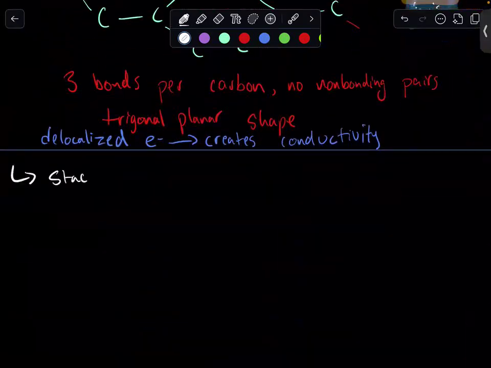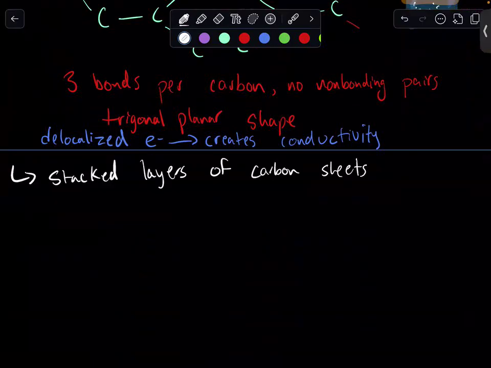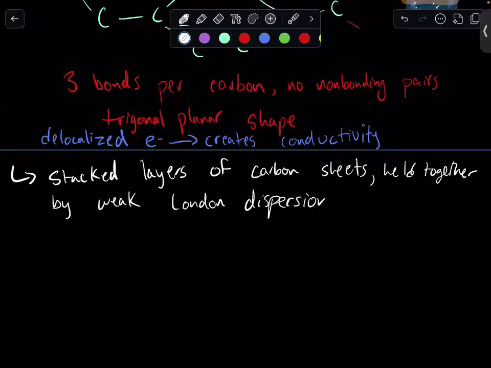So they are stacked layers of carbon rings, carbon sheets, I guess, and they're held together by weak London dispersion forces.